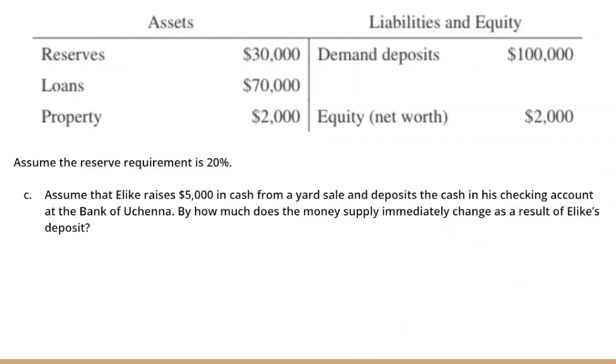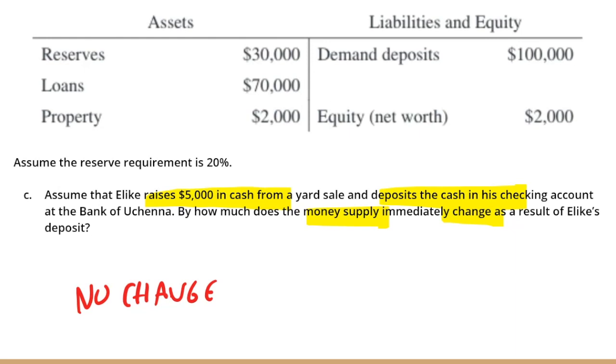Part C. So we have LEK. She raises $5,000 in cash from a yard sale and deposits the cash in her checking account. So how much does the money supply change as a result of LEK's deposit? Well, we're going to say there is no change in the money supply. Why? Well, remember, there are different classifications of money.